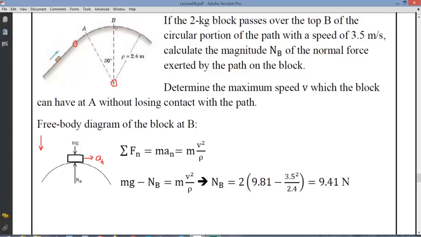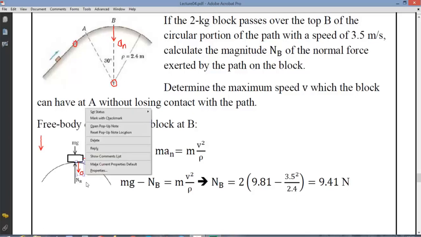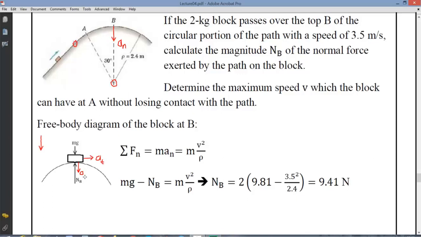And remember that the normal direction acceleration is always towards the center of curvature, and in this case we have a fixed center of curvature right around here, and as a result of that we're going to have the normal component of the acceleration in the downward direction. I can also draw it right over here, as we have this acceleration in the downward direction. And AN can be calculated in a number of ways.